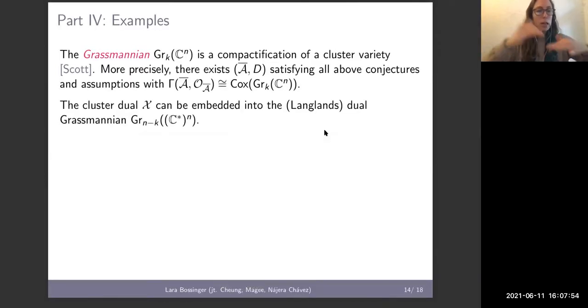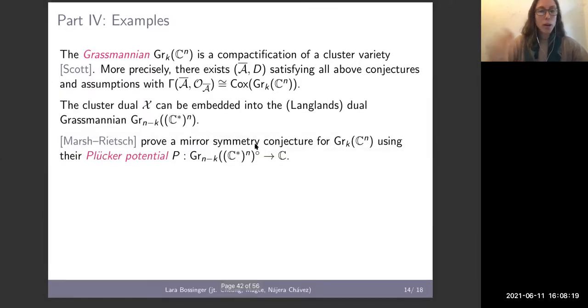There's been lots of work around the Grassmannian and cluster duality or mirror symmetry. The first thing to note is that the dual cluster variety can also be interpreted as sitting inside a Grassmannian, in this case the dual Grassmannian. So here we have the Grassmannian k over C^n, and now we have the Grassmannian n minus k over the dual vector space.